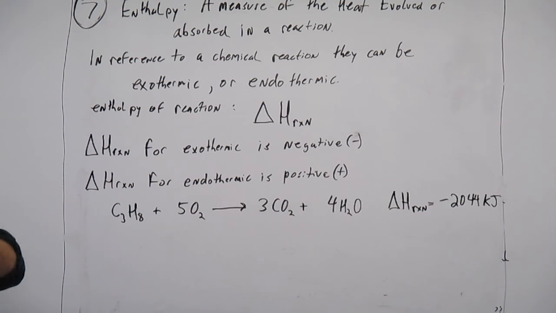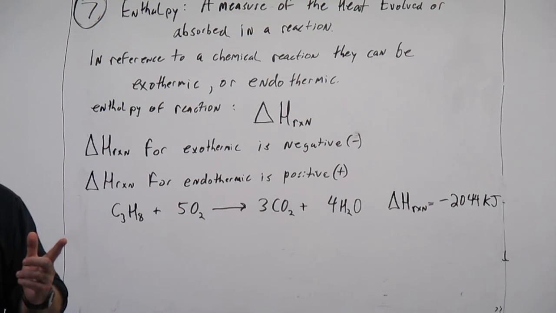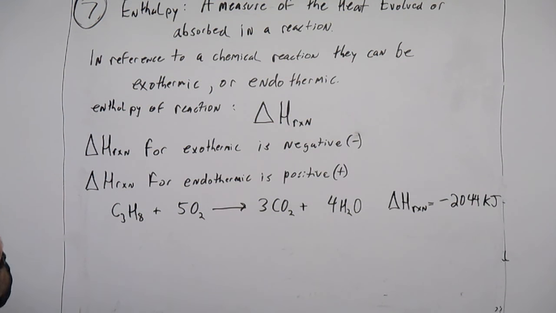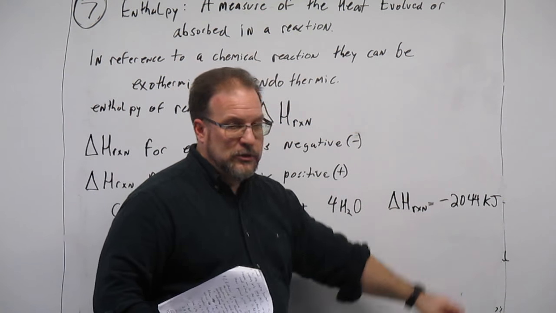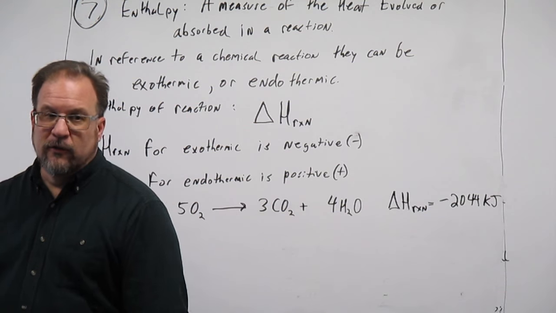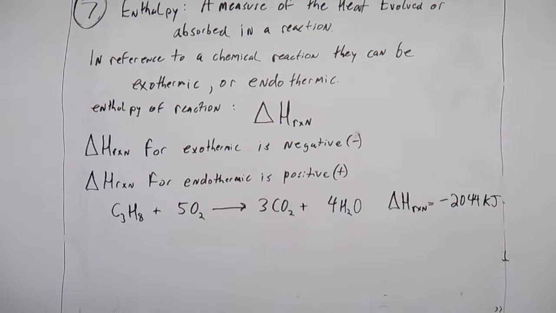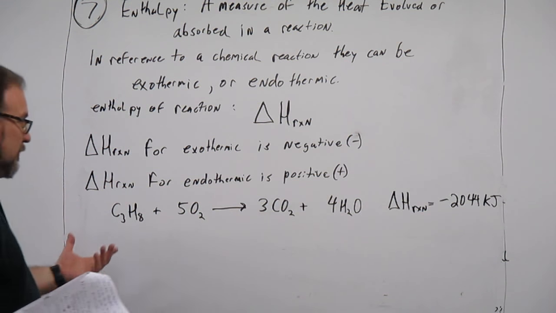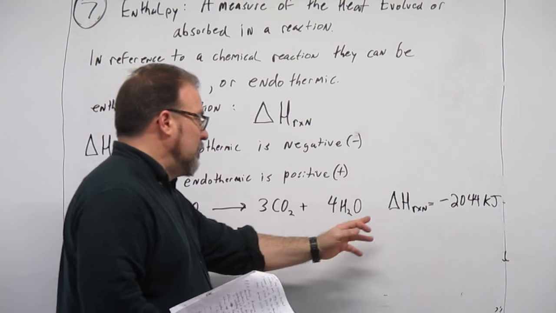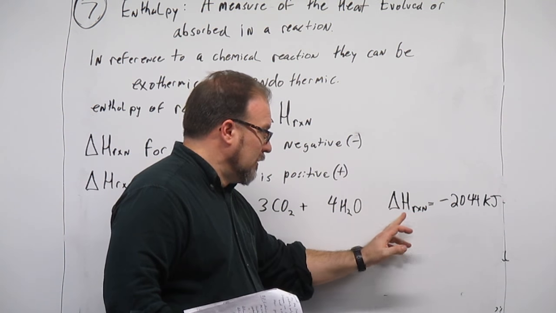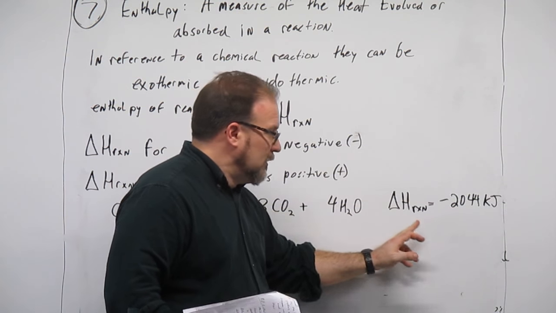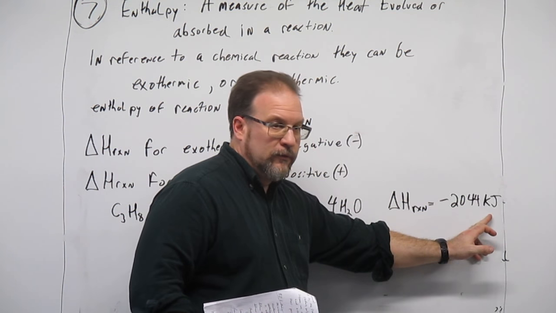It's got a thermometer that's stuck down next to the reaction. There's a linear relationship between heat and temperature. And from that, I can extrapolate how many joules of energy comes out of the chemical reaction. Yeah, it's a good question. So obviously someone did this in the lab, right? And they measured negative 2,044 kilojoules for the enthalpy of reaction.